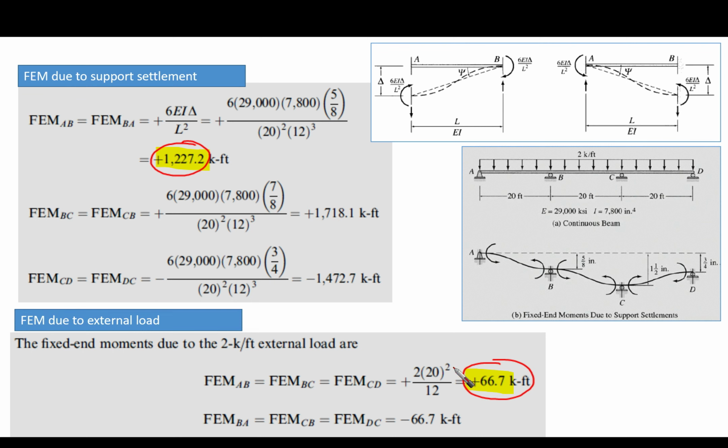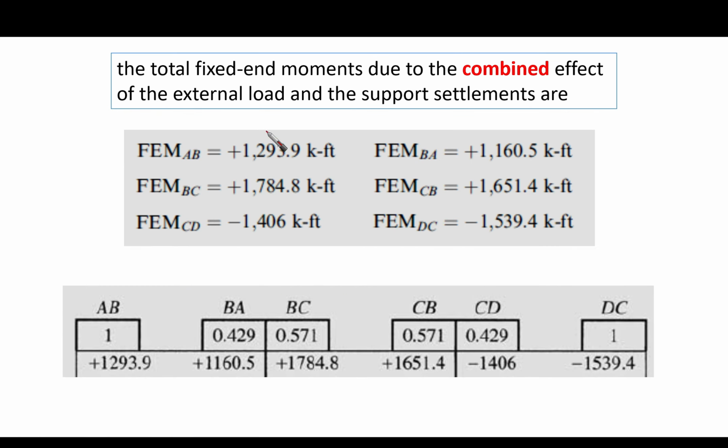This is from external loading, and this is from the settlement of support. Both of them should be summed up: 1,227.2 plus 66.7 gives us 1,293.9 kip-feet.